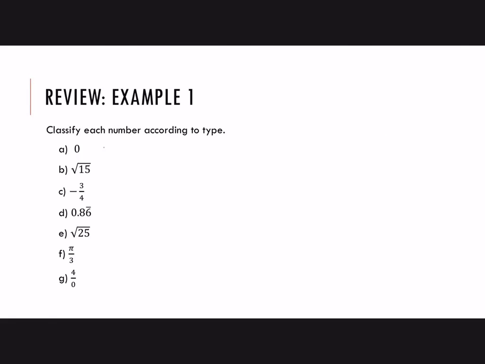So 0 is a whole number. It's not natural. It's an integer. And once you've picked the most specific set, like whole numbers, it automatically falls into all of those larger categories. So this is whole, integer, rational, and real.